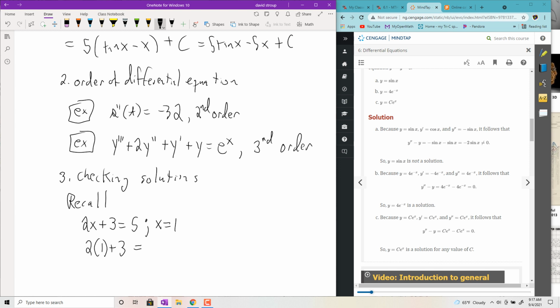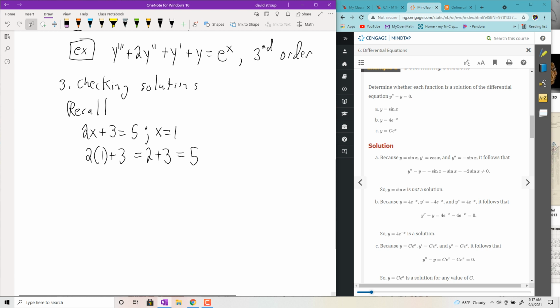You want to start on one side and hopefully connect it to the other side somehow. So 2 times 1 is 2, plus 3, and then 2 plus 3 is 5. That proves it's a solution to that equation. Now we want to do the same thing, except instead of a number, we're checking a function.